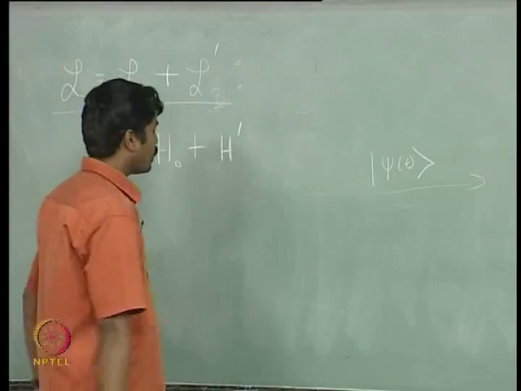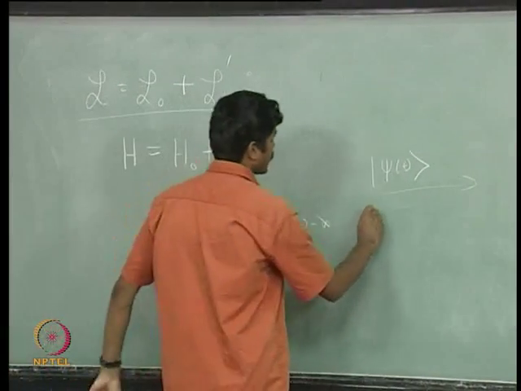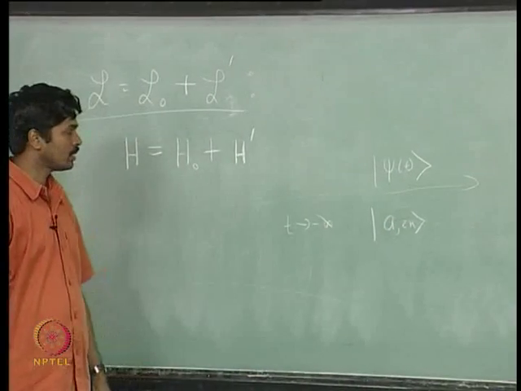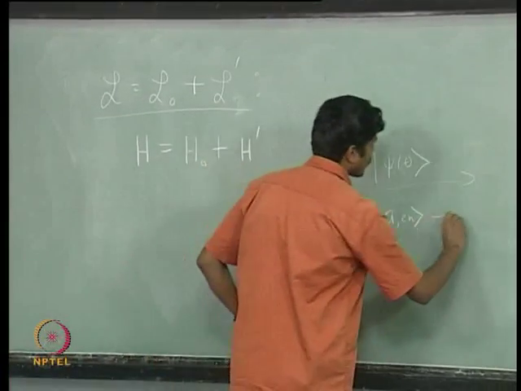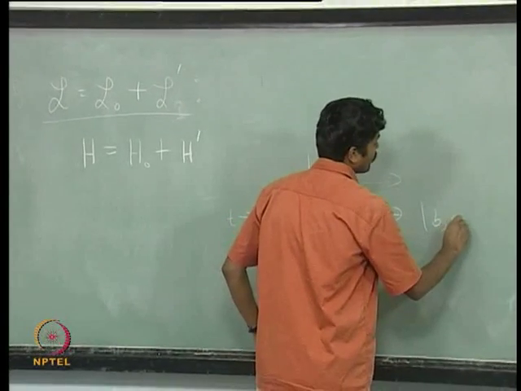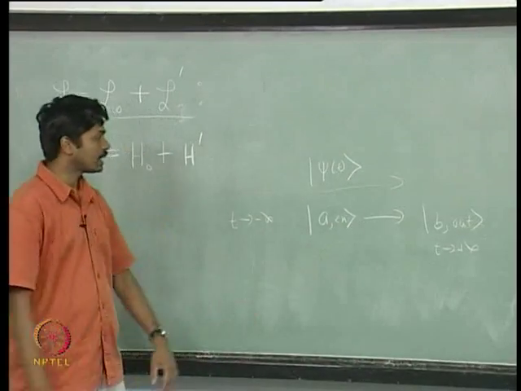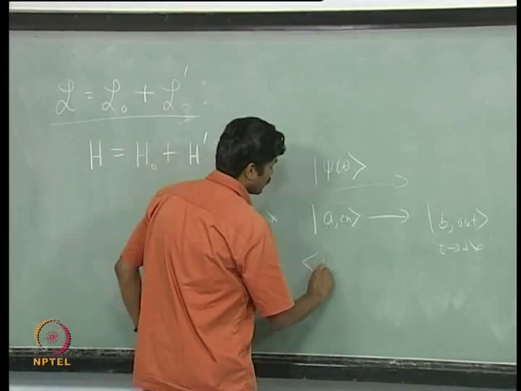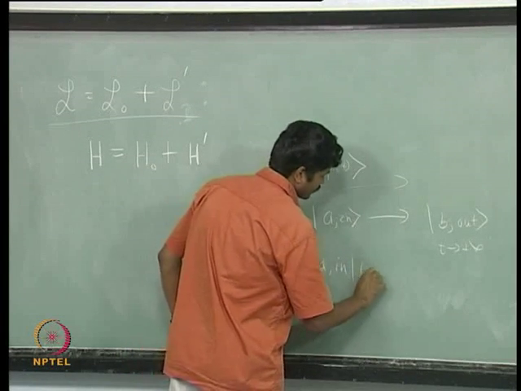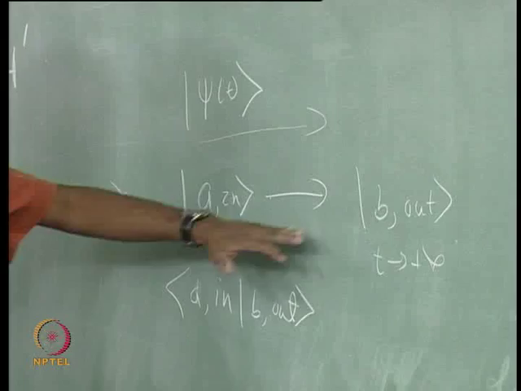Or in other words, suppose at t equal to minus infinity, the system was in a state which I will call A in, what is the probability of this state evolving to some other state which I will call B out as t goes to plus infinity. What is the probability amplitude? The probability amplitude is this, and this is what we would like to evaluate.